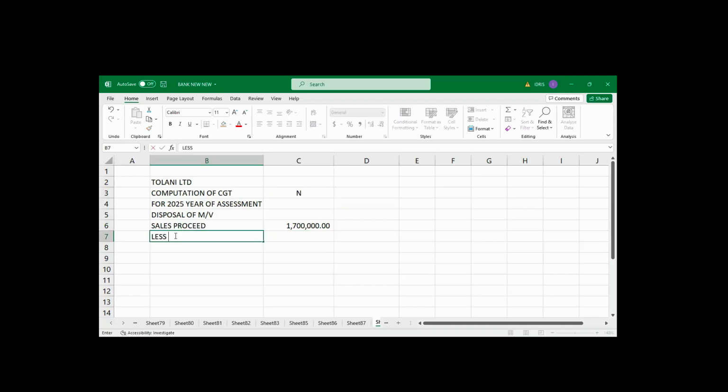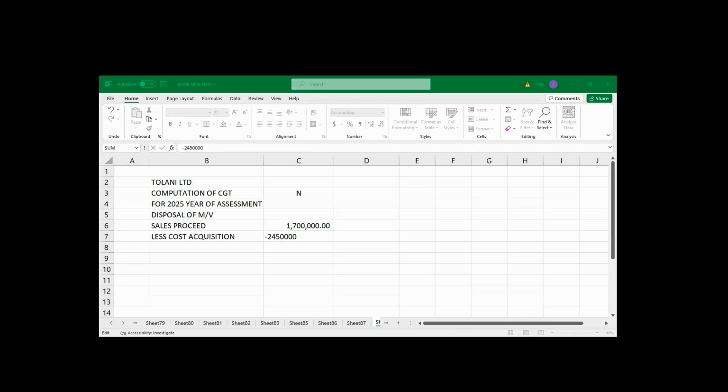Less cost of acquisition. How much will be the cost of acquisition? Is it 2,450,000? Let me check.